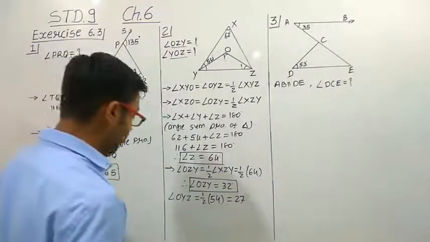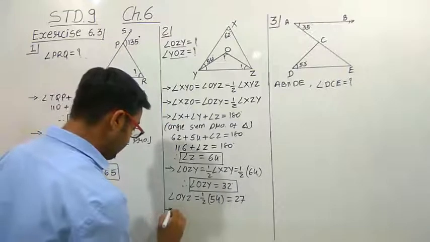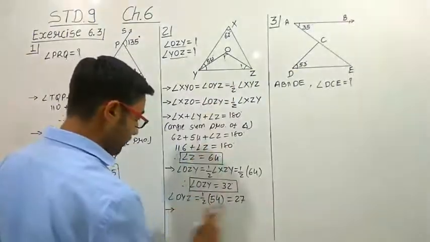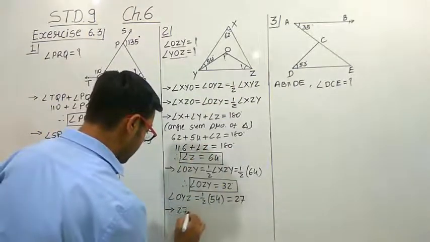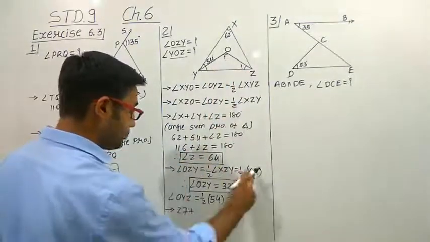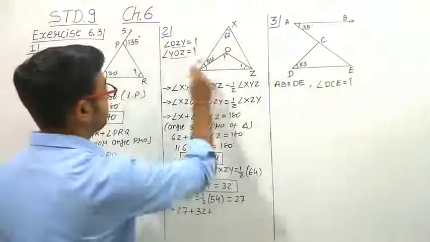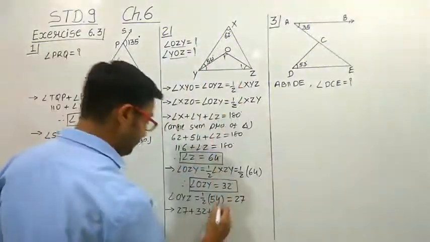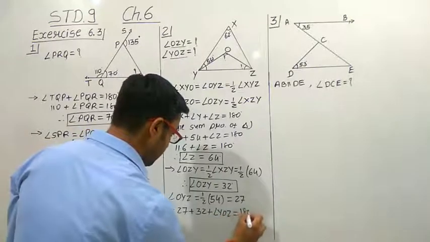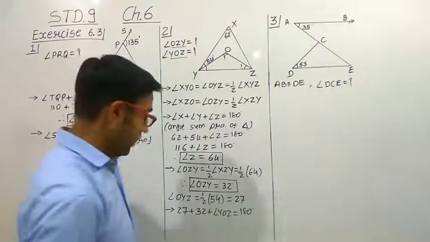So here also we can apply the angle sum property of the triangle. The first angle OYZ that we found is 27, plus the second angle OZY that we found, 32. The remaining is angle YOZ, and the total will be 180 degrees according to the angle sum property of triangle.